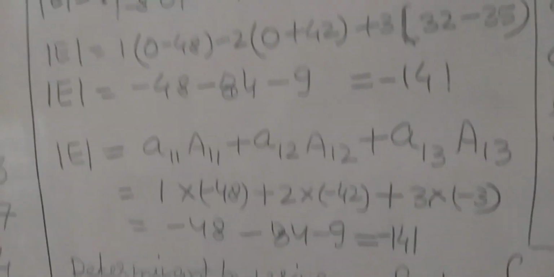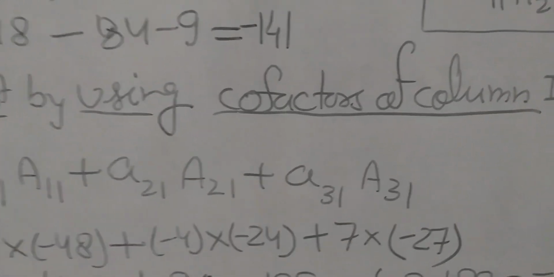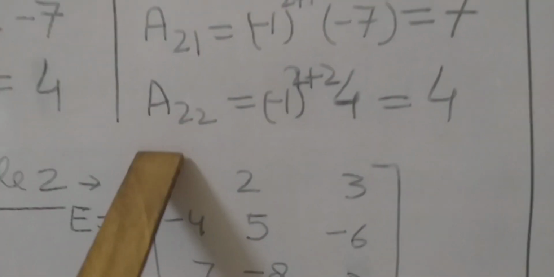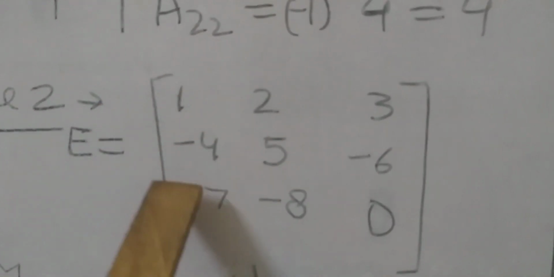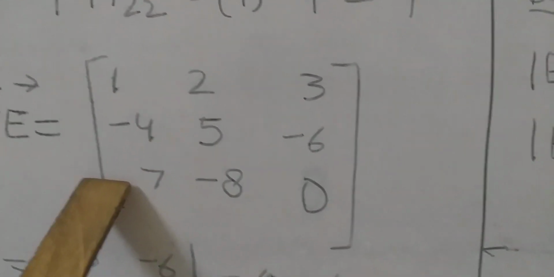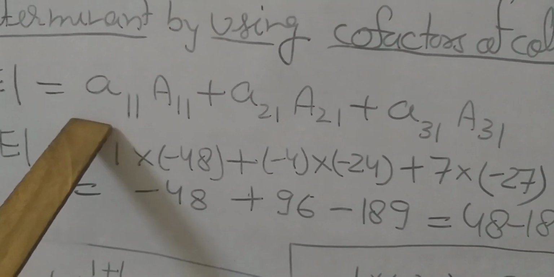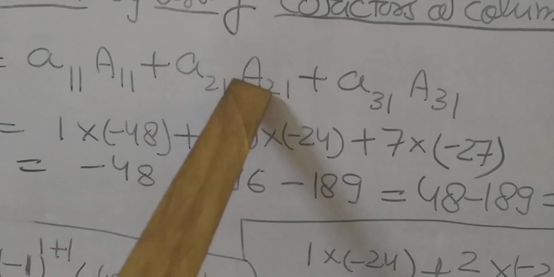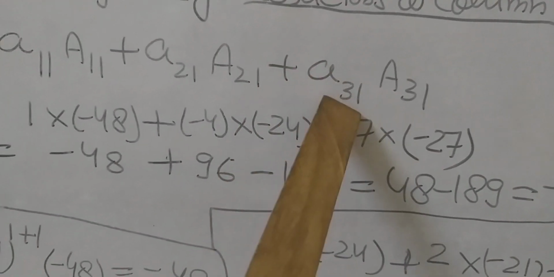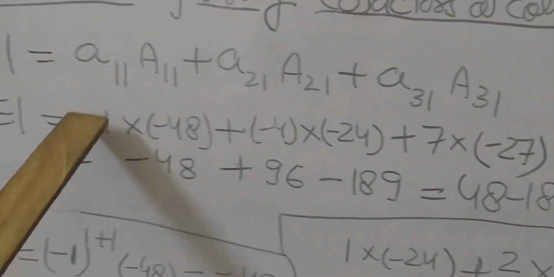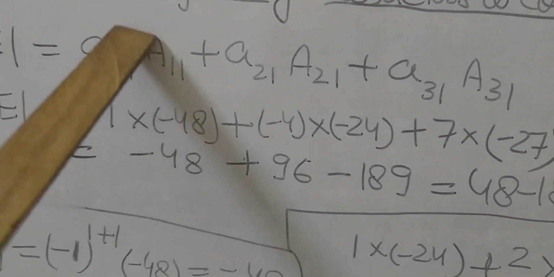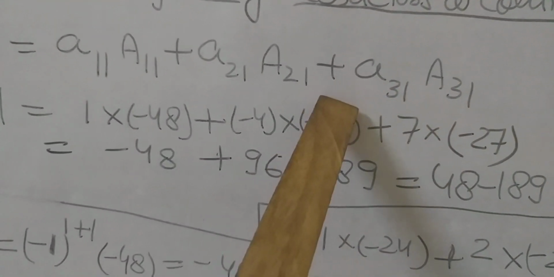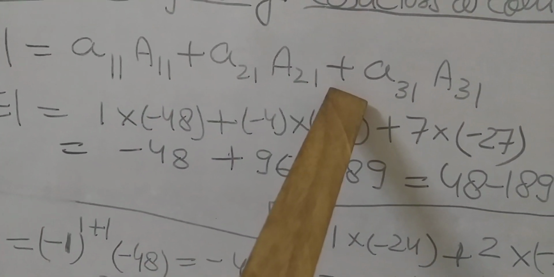Let us find the determinant by using the cofactors of the first column. The first column is a11, a21, a31. So you can see a11 into A11 plus a21 into A21 plus a31 into A31. I have multiplied the first column elements by its cofactors and added them.